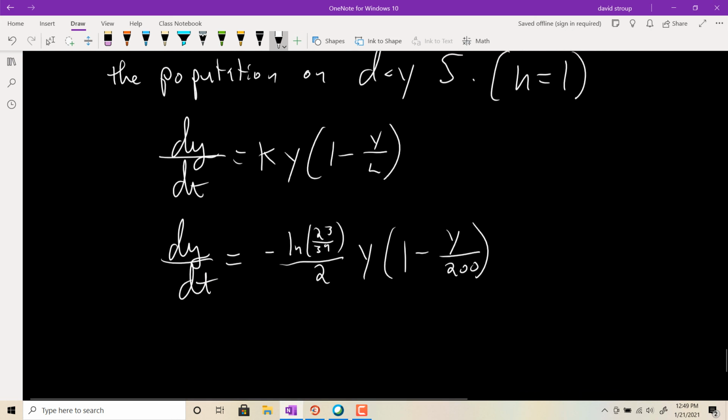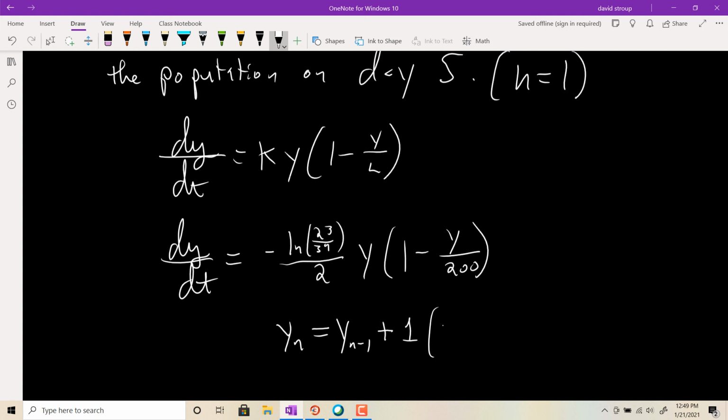The h value is 1. Then our formula for y sub n is y sub n minus 1 plus h, which is 1, times dy over dt, basically, right?